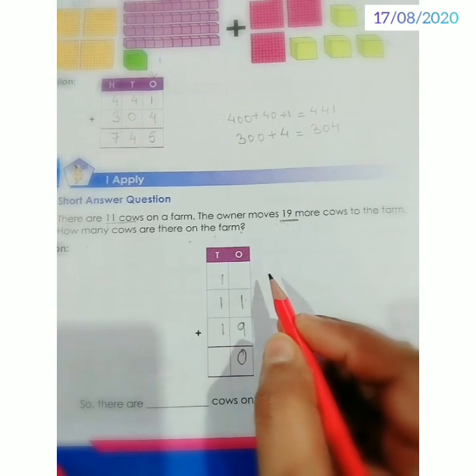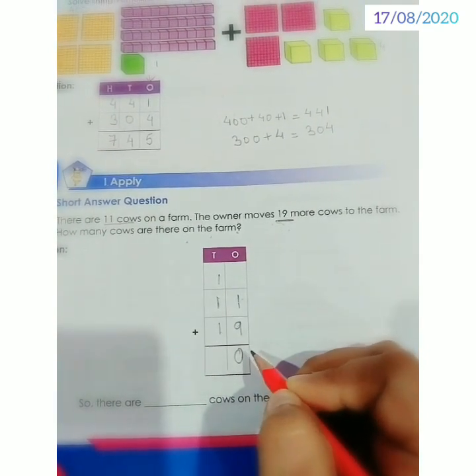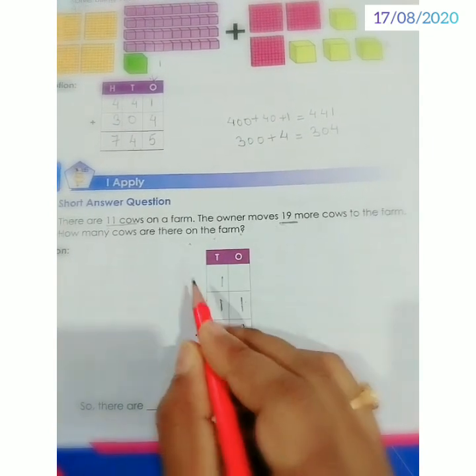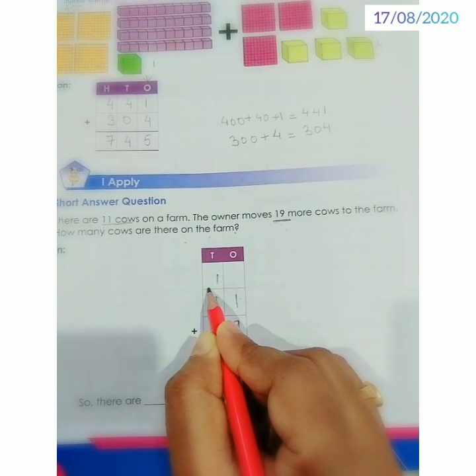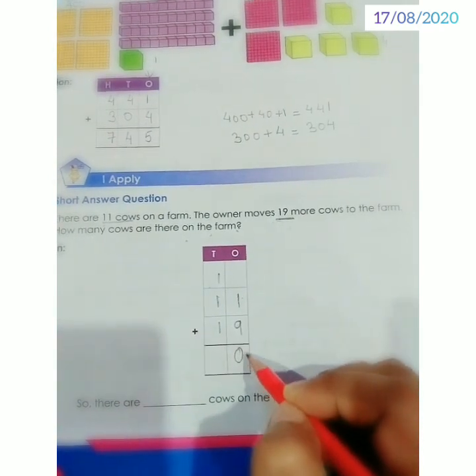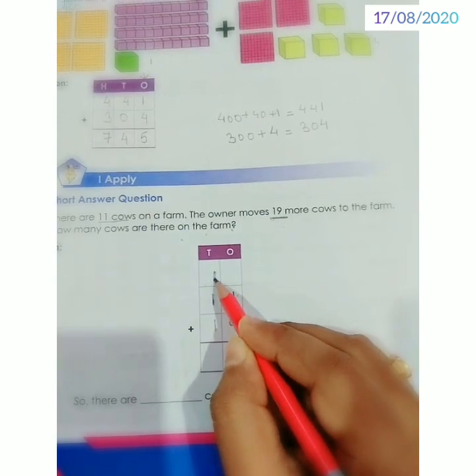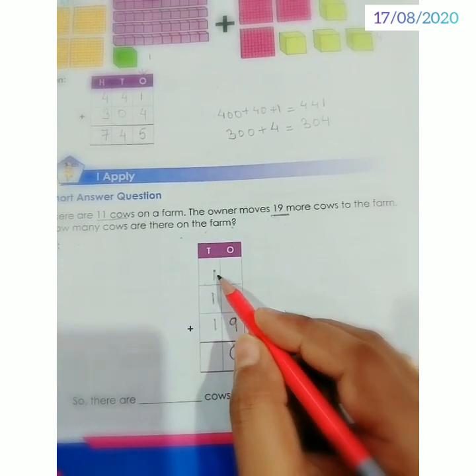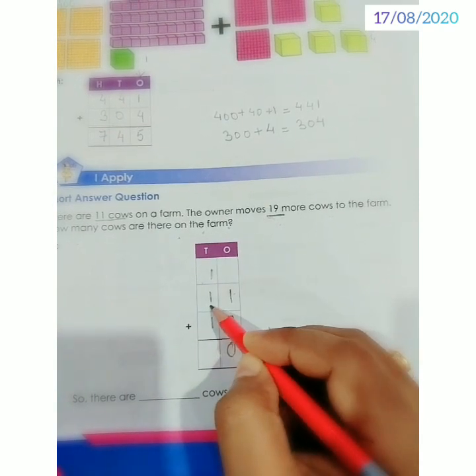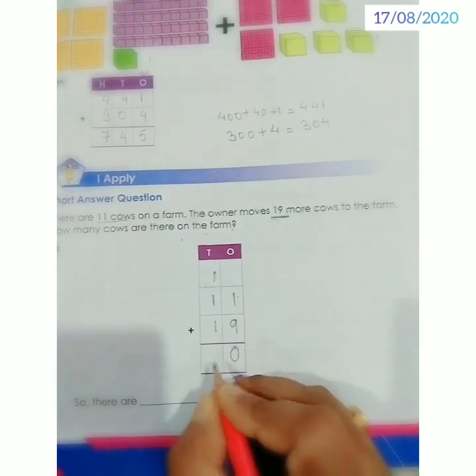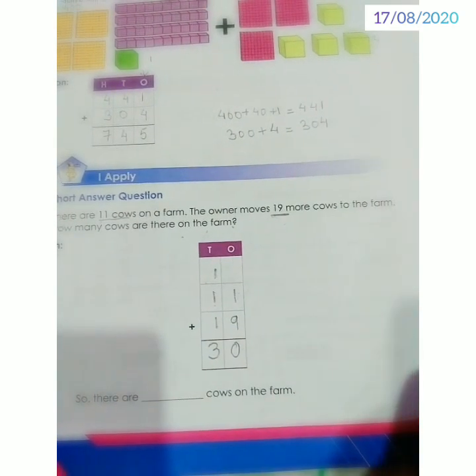According to the regroup rule, remember, if the sum is more than 9, the ones will carry to the tens place. So here you write 0 and 1 will go to the tens place. Then you add these 3 digits together: 1 plus 1 is 2, 2 plus 1 is 3. So the answer is 30.